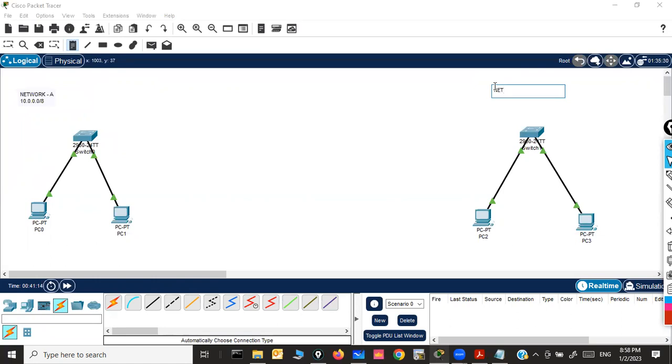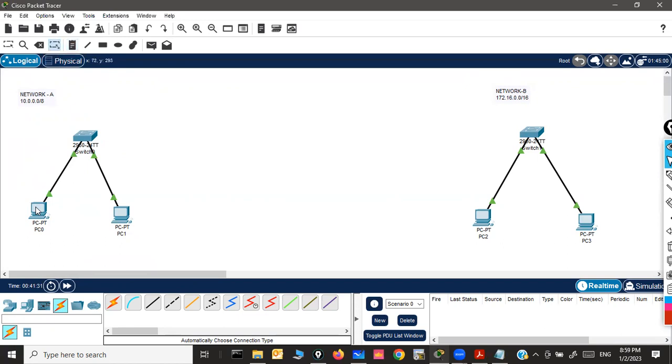And here I am going to take network B, another network, 172.16.0.0/16. These IP addresses will be assigned from the same range. Now, if I assign an IP address to this computer, let's say, and before that, let me take this device, also a router, so that you can understand.